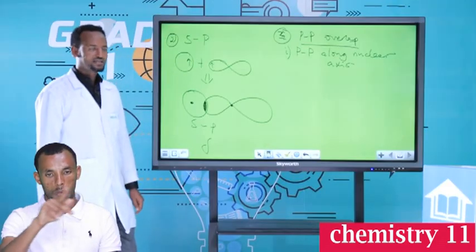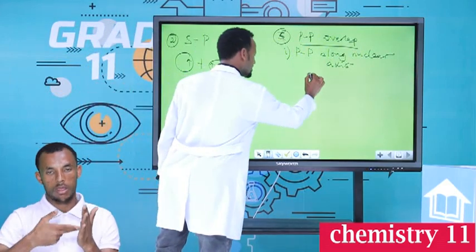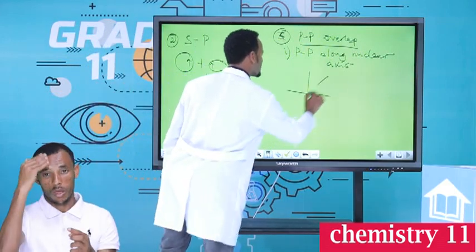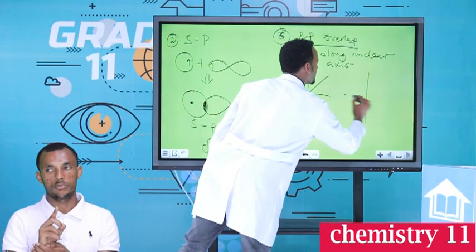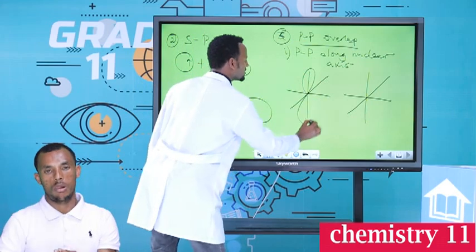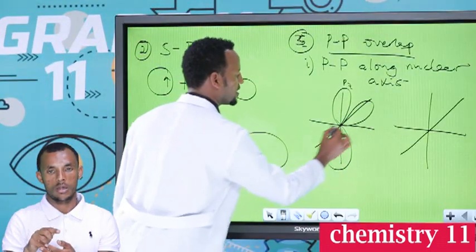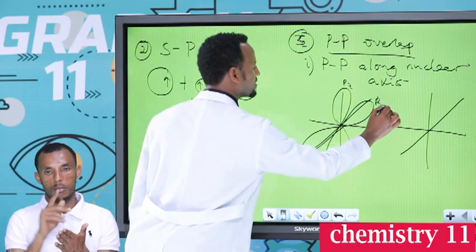PP along nuclear axis. Now, PP along nuclear axis means, you know first the shape of P. Look, this one is P orbital. This is, let's take Pz. Let's take this one is Py.